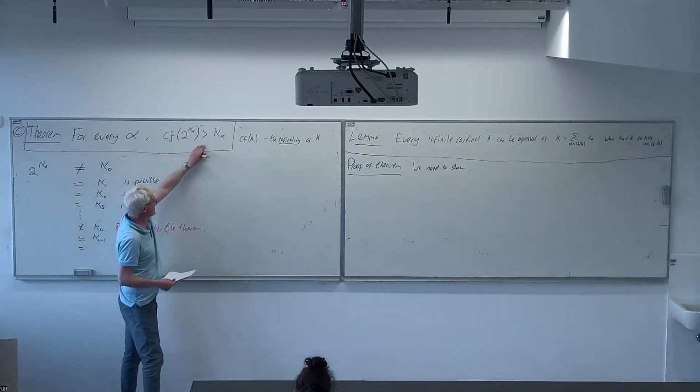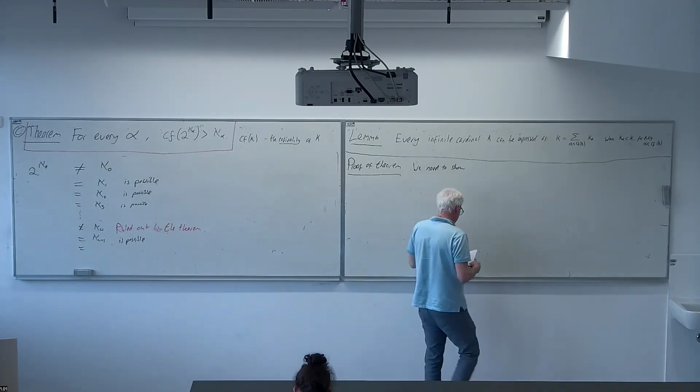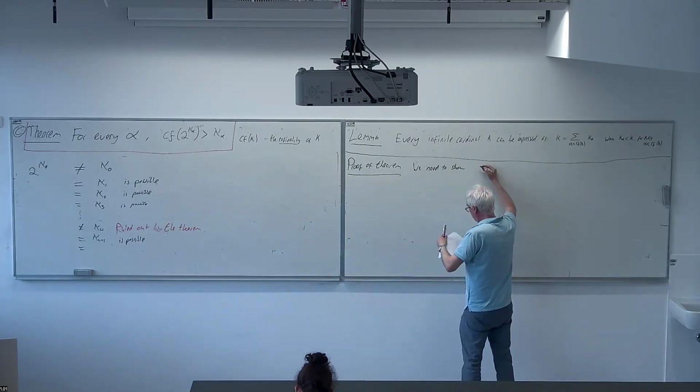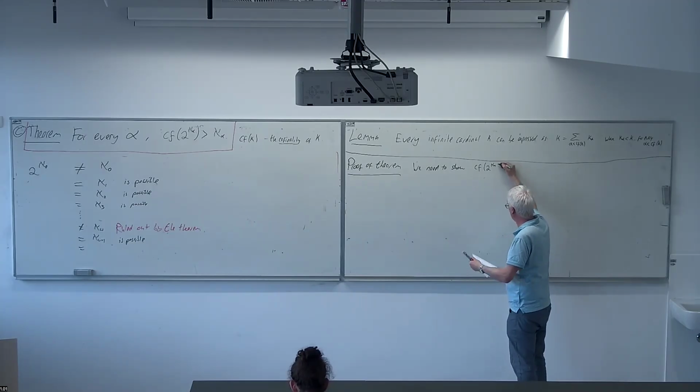In a sense, this is also establishing a strict cardinal inequality. It's more a property of the cardinality that the exponential has, the power set. So we need to show this.